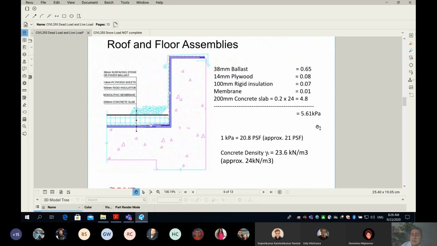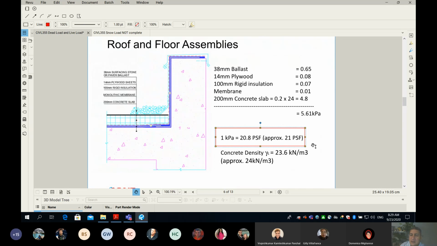Also, something I want to remind you: when we estimate the load intensity, there are two very popular units. One you already know about, which is kPa, kilonewton per meter square, and the other one is called PSF, which is pounds per square foot. You need to understand this relationship. 1 kPa is equal to 20.8 PSF.